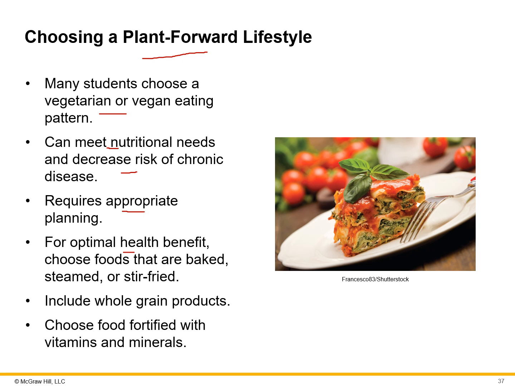For optimal health benefits, choose foods that are baked, steamed, or stir-fried, not deep-fried. Include whole grain products and choose foods that are fortified, meaning they have added vitamins and minerals.